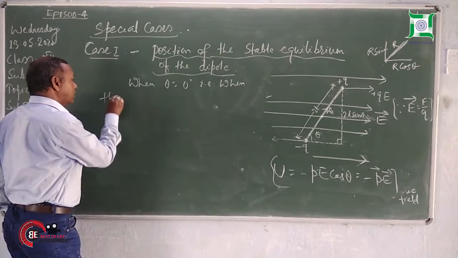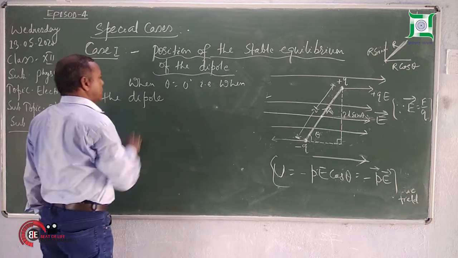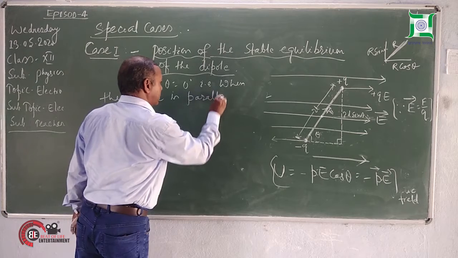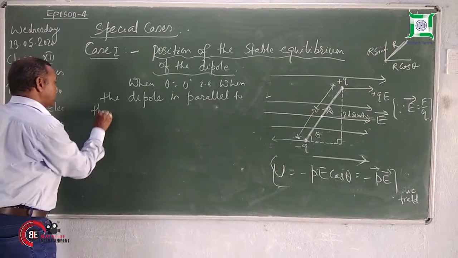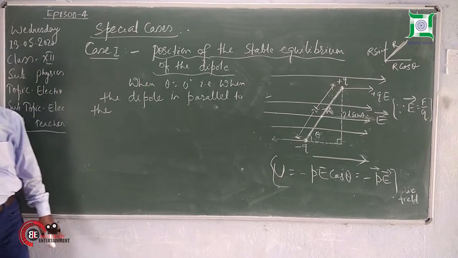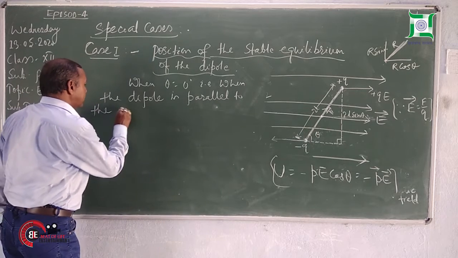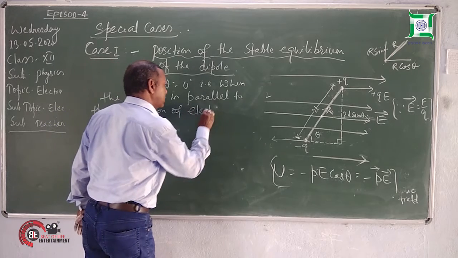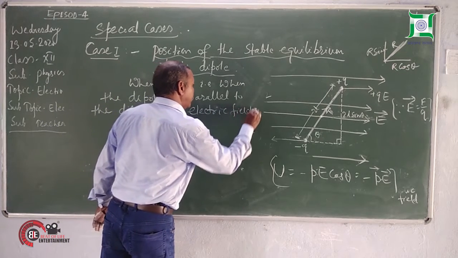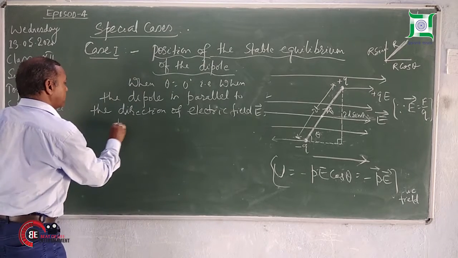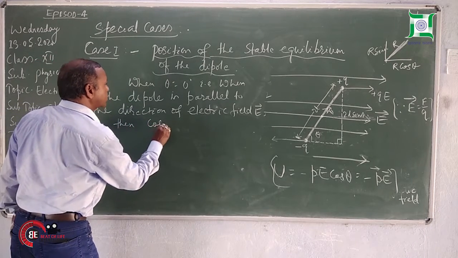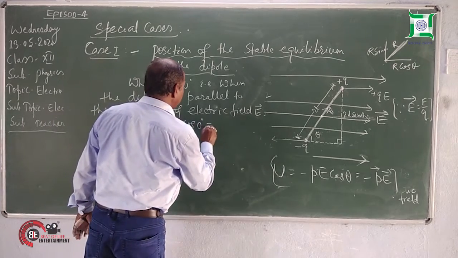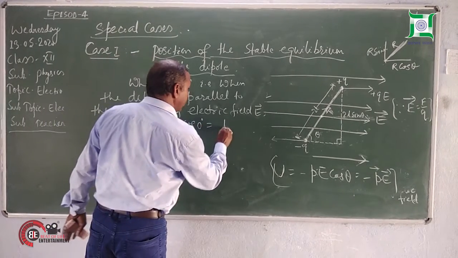that is, when the dipole or dipole moment is parallel to the direction of electric field E, then cos theta is equal to cos 0 degree, and it is equal to 1.